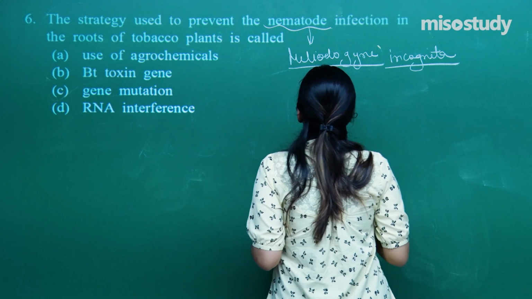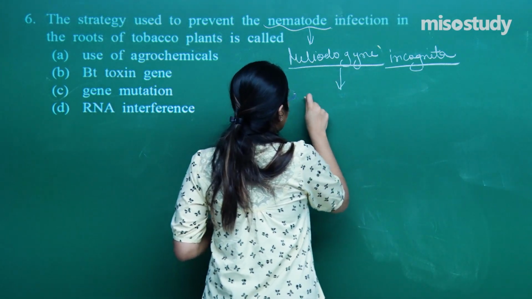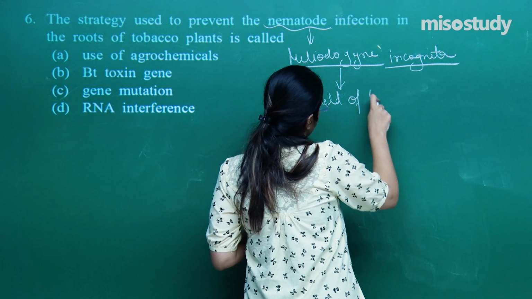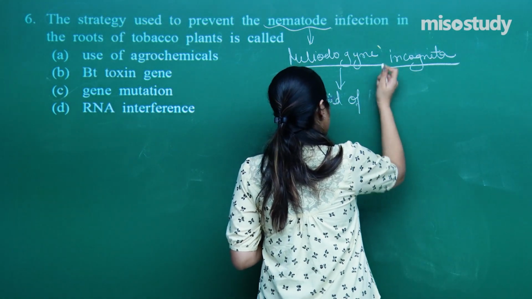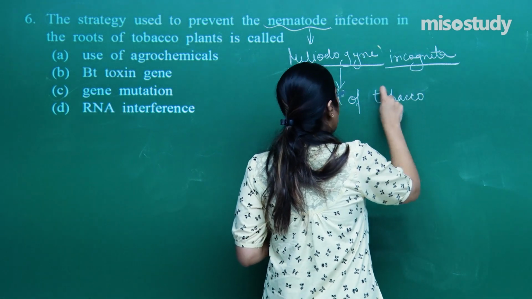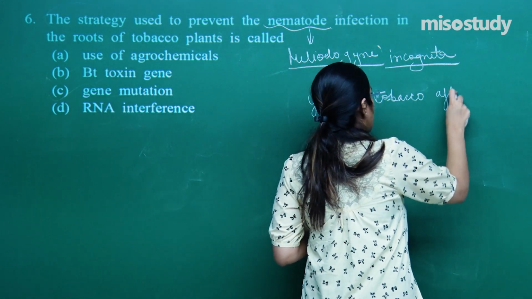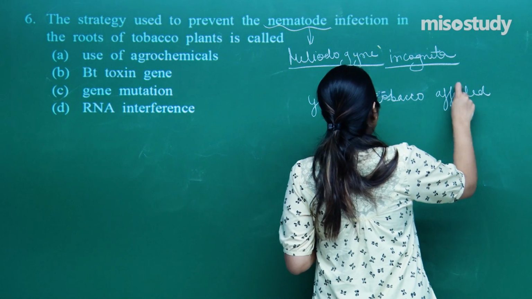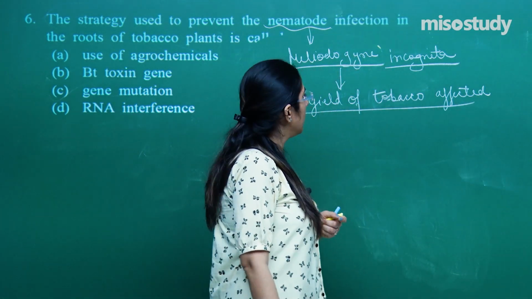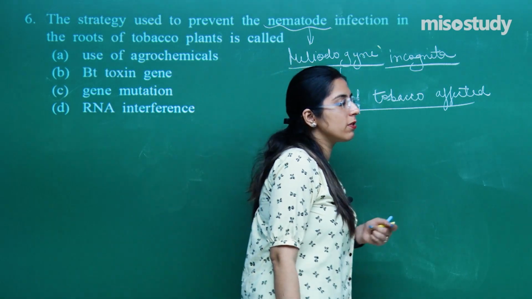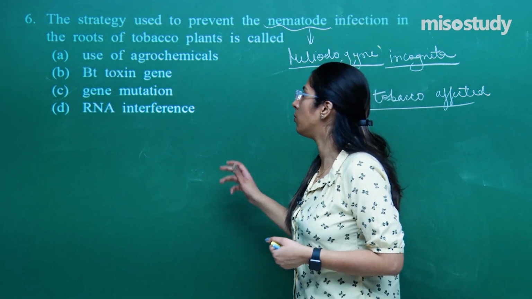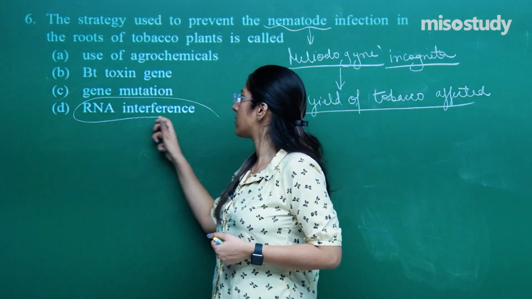Meloidogyne incognita. Because of this infection, the yield of tobacco is affected. Now we are focusing on one of the latest techniques, which is related to RNA interference.